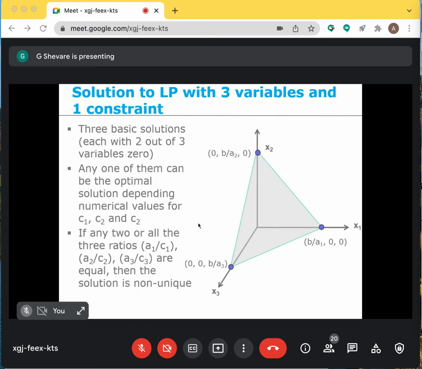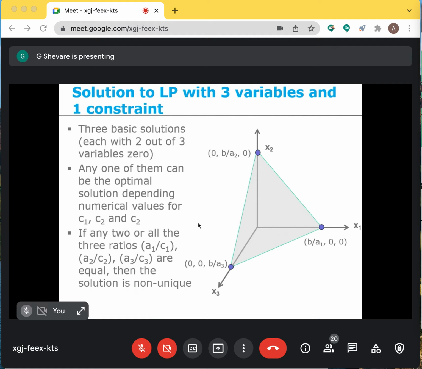The solution to a linear programming problem with three variables and one constraint. So here, the three design variables are shown by x1, x2, x3 in 3D space.